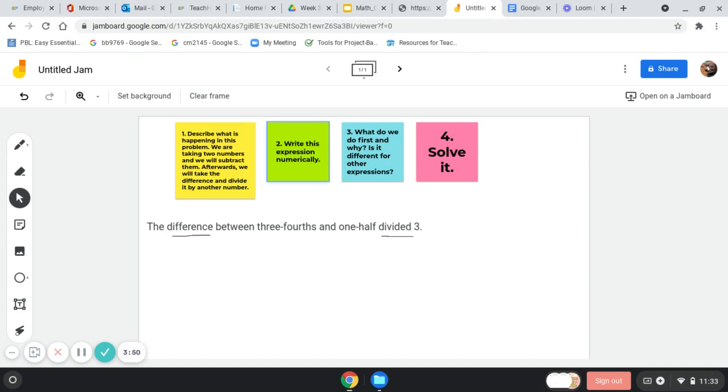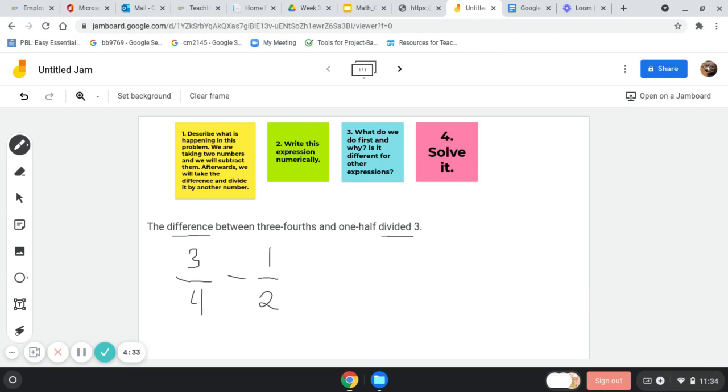So let's do that. The difference between 3/4 and 1/2. We already mentioned when we were describing the situation that we're going to subtract two numbers. In this case, it's the two fractions, 3/4 take away the half. This is the first thing we're going to do.